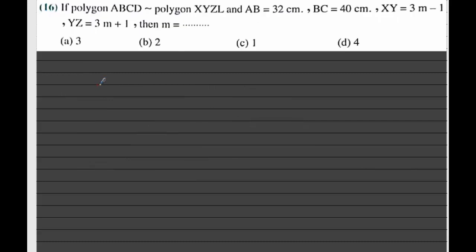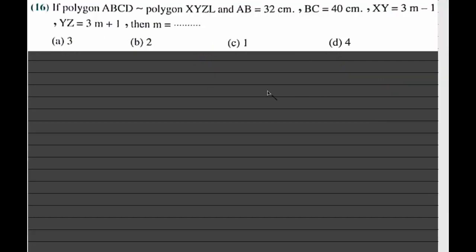Question number 16. If polygon ABCD is similar to polygon XYZL and AB equals 32 centimeters, BC equals 40 centimeters, XY equals 3m minus 1, and YZ equals 3m plus 1, then m equals 3 or 2 or 1 or 4. So first I'll draw two polygons, any two polygons here.